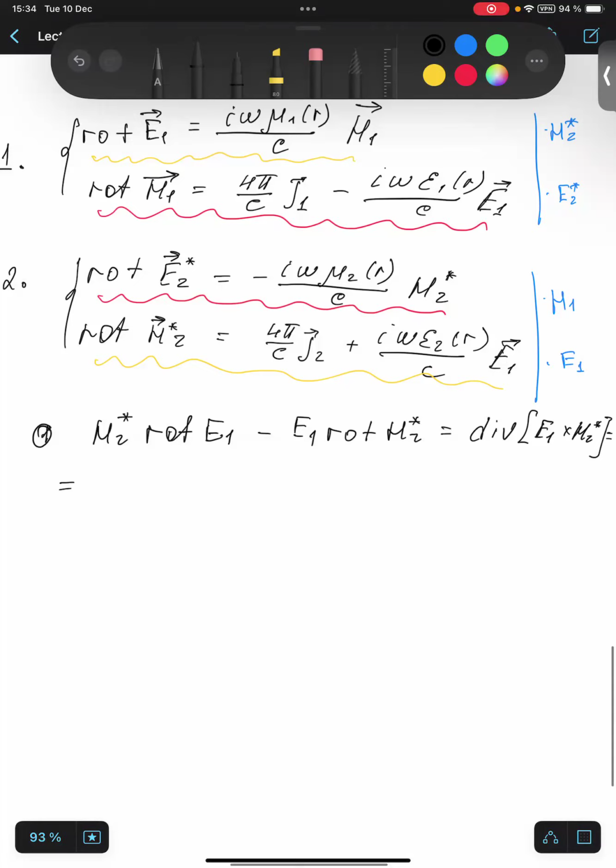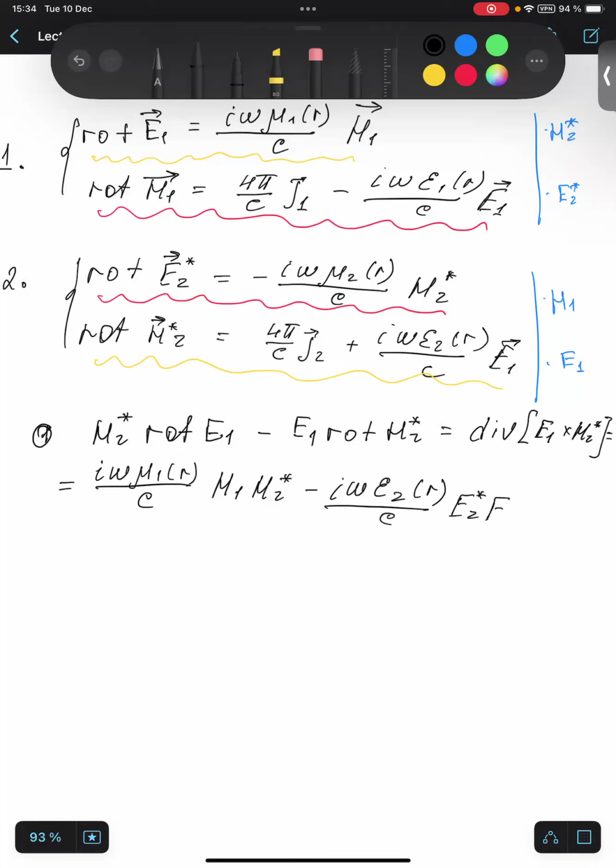The right hand side: I omega mu1 R over C, H1 H2 conjugated, minus I omega epsilon 2 R divided by C, E2 conjugated E1, and the current term J2.